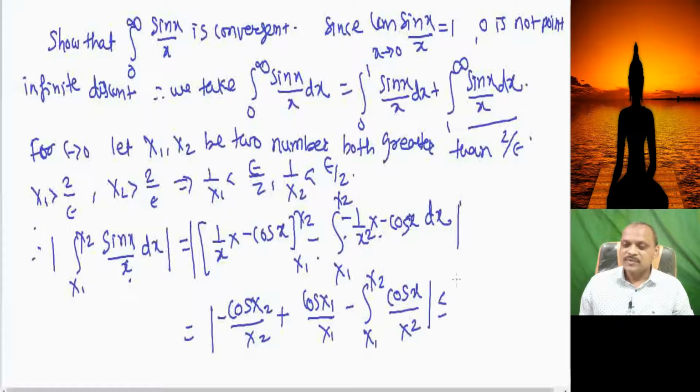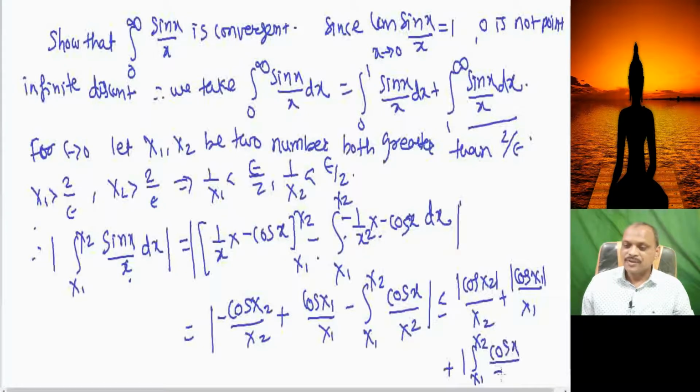This is less than or equal to the mod of cos x2 divided by x2 plus the mod of cos x1 divided by x1 plus the mod of the integration x1 to x2 of cos of x divided by x square dx.